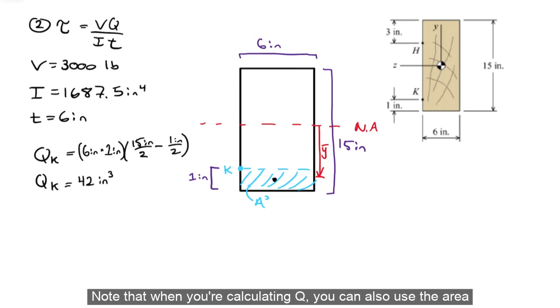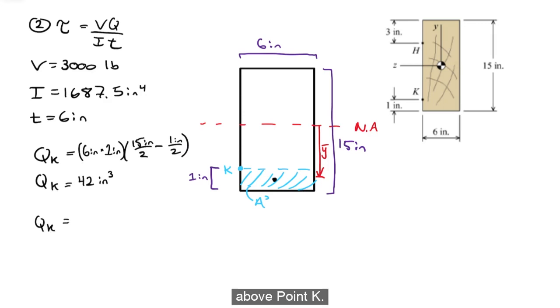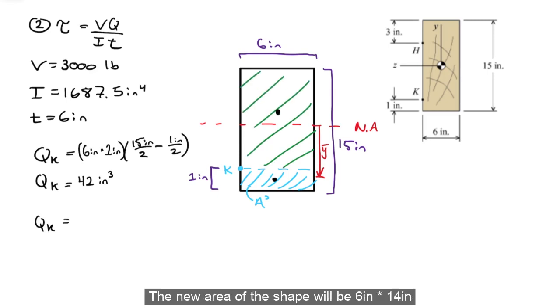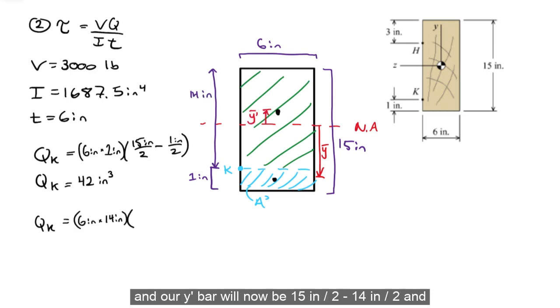Note that when you're calculating Q, you can also use the area above point K. Let's quickly go over our calculation for Q, but with the shaded area in green. The new area of the shape will be 6 inches times 14 inches, and our y prime bar will now be 15 inches divided by 2 minus 14 inches divided by 2.